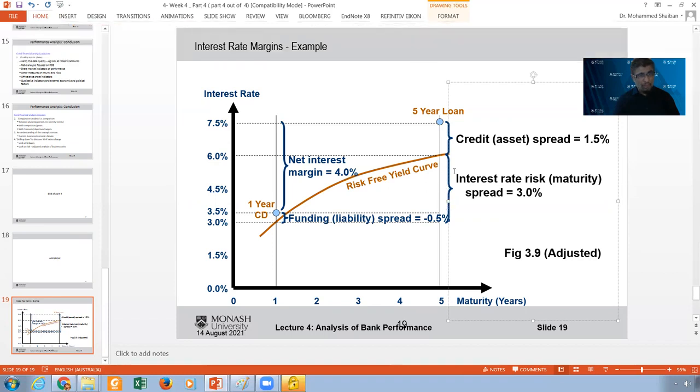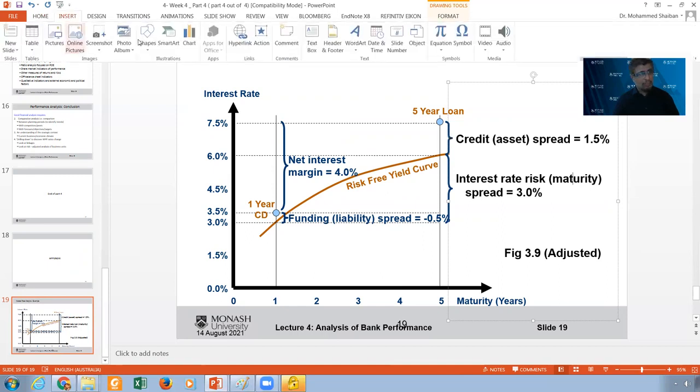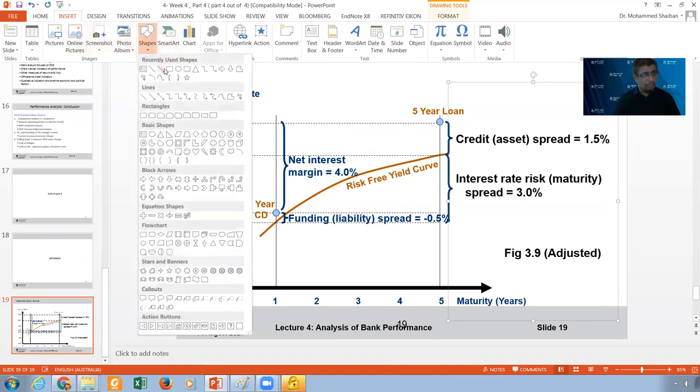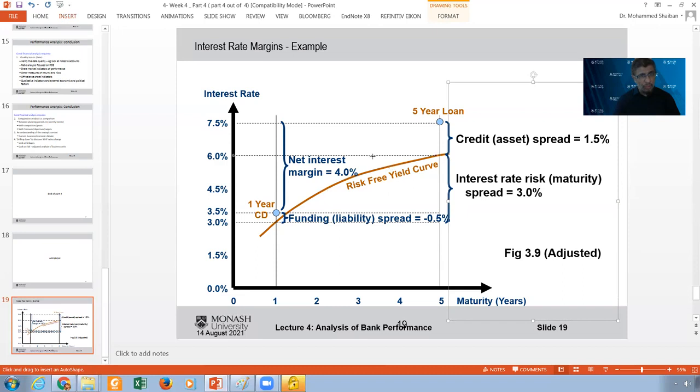This is the maturity. And this is actually for credit risk. This whole area from here to here is the spread for the maturity. This is because there is no credit risk when we invest in government securities.